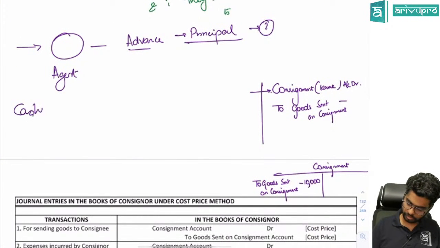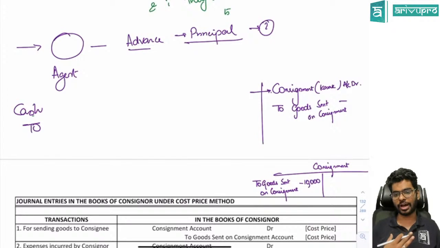Because you are receiving the money, not paying the money. What if you run away with the goods, sir? I need some security. You will take your own sweet time to sell. Guys, we are doing accounting in the books of the consignor. Please remember this. We are doing all the accounting in the books of the consignor. So what is happening there?